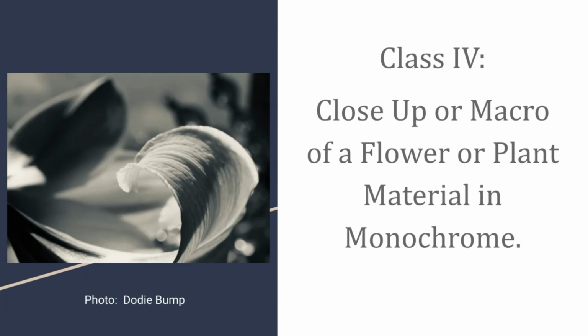An example is it contains only shades of gray, which can include pure black and pure white, or it gives the impression of being a grayscale image that has been toned in one color across the entire image. For example, sepia, red, gold, etc. Here's a good example of a monochrome image, thanks to Dodie Bump for her contribution.